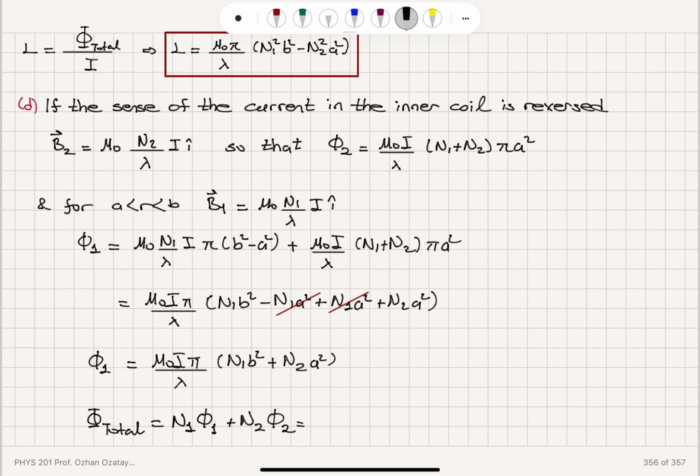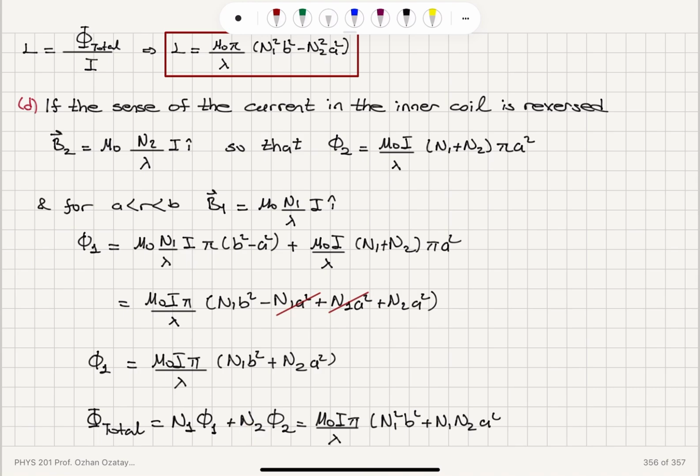So this would become mu0 I pi divided by lambda, n1 phi 1, so it's n1 squared b squared, plus n1 n2 a squared, that's this term.